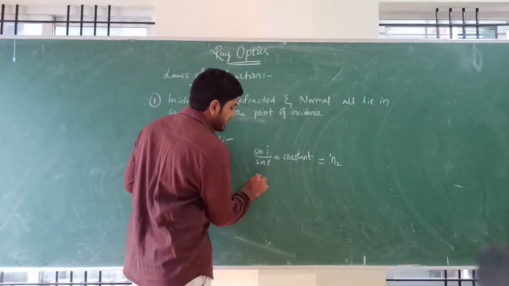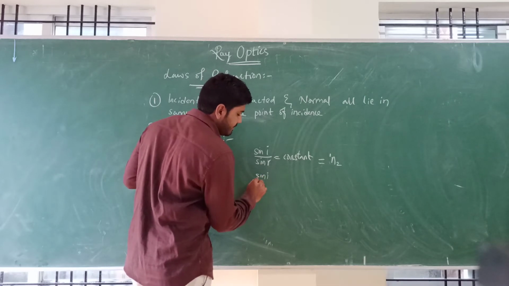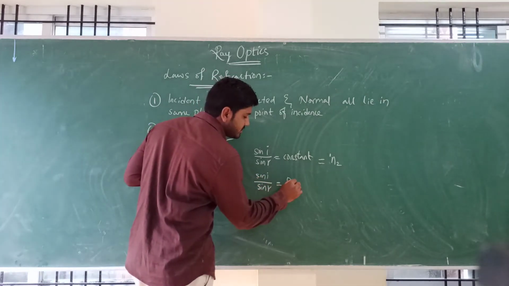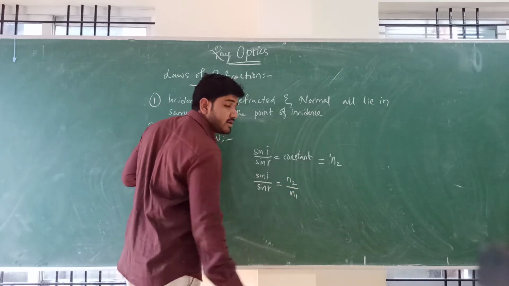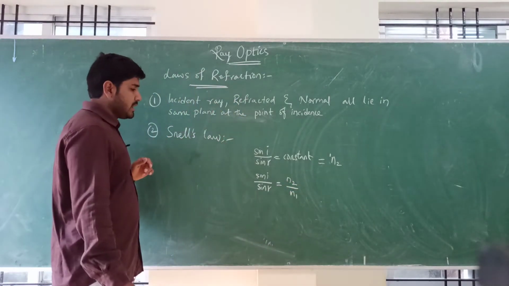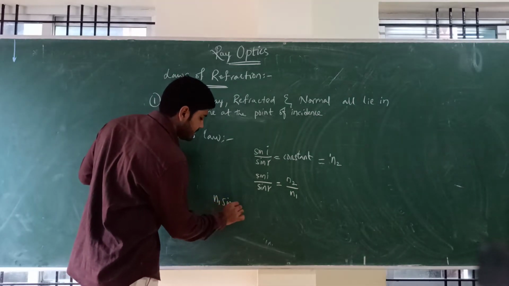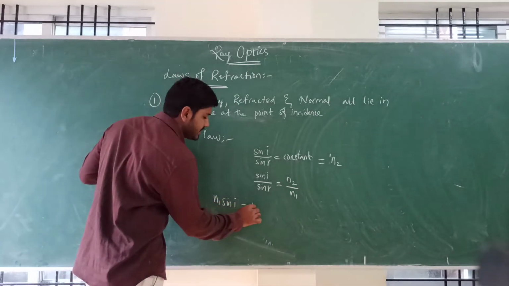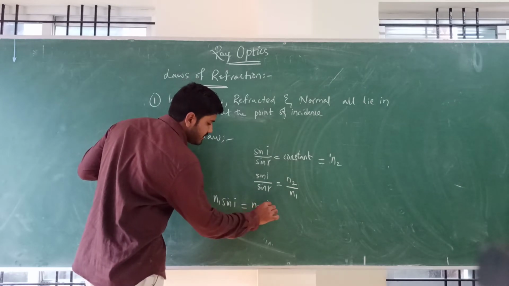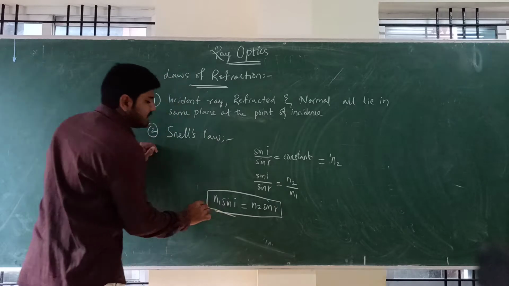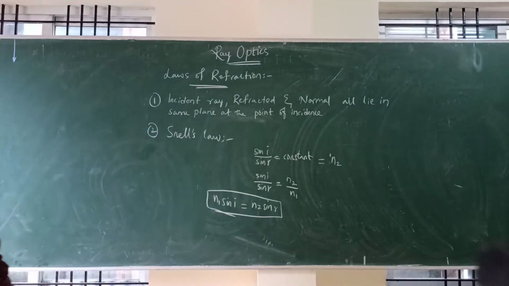Again we can write sine i by sine r is equal to n2 by n1. Again we can write n1 sine i is equal to n2 sine r. Okay, so this is the second law of refraction.